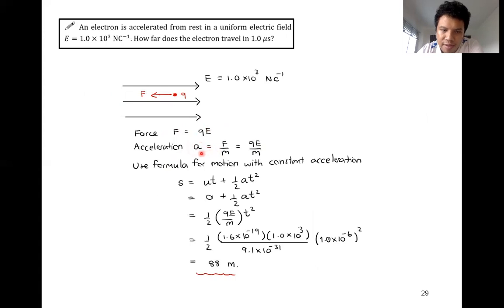From Newton's law, F equals ma, we have a equals F over m, and we can substitute F as QE. So we have the acceleration, and with constant acceleration, we are allowed to use the formulas for motion, such as s equals ut plus half at squared, in order to find the total distance over time.